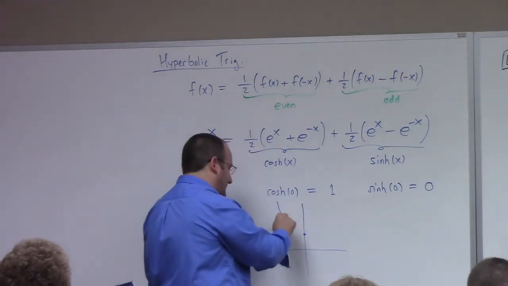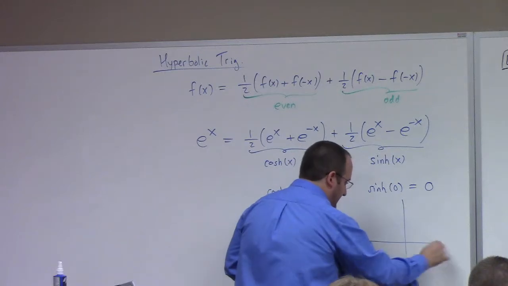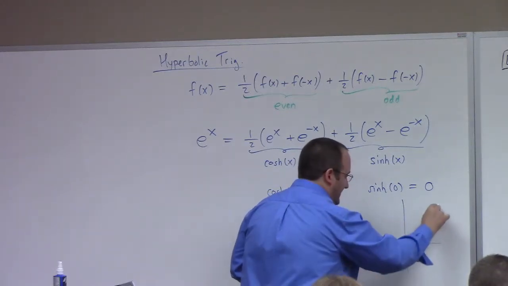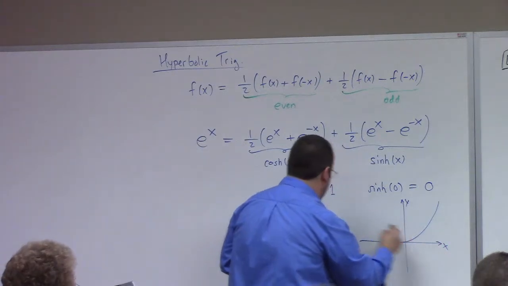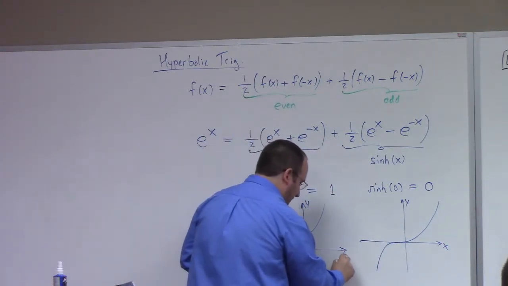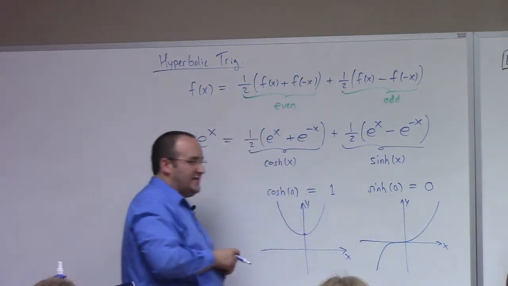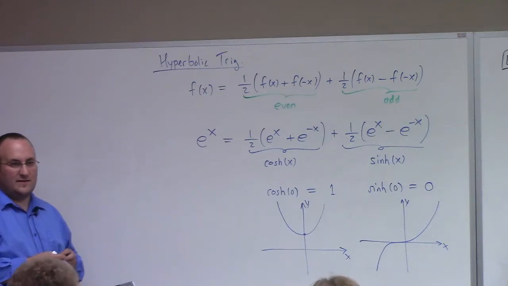And it more or less looks like this. Sinh looks like that, give or take. All right? So to a crude description, cosh kind of looks like x squared plus 1, and sinh kind of looks like a cubic. That's a lie, though. They're more interesting than that.